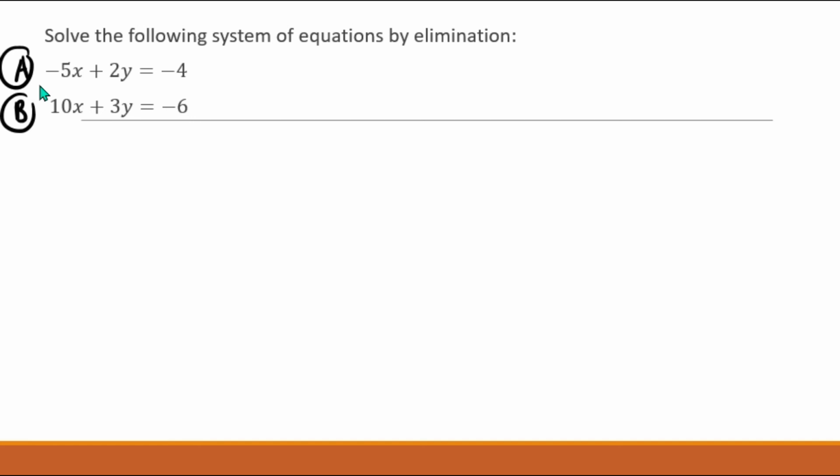Now, for me personally, I love to have equations with opposite signs. So if I take equation A and I double the entire equation, multiply it by 2, it becomes negative 10x plus 4y equals negative 8. And then I have the x's set up perfectly for elimination.